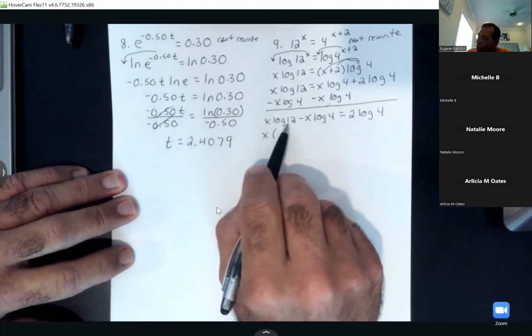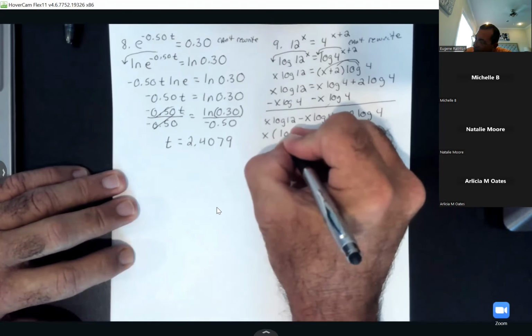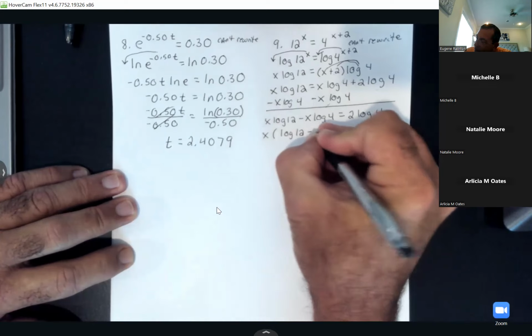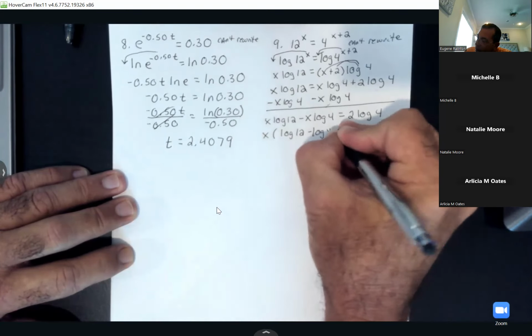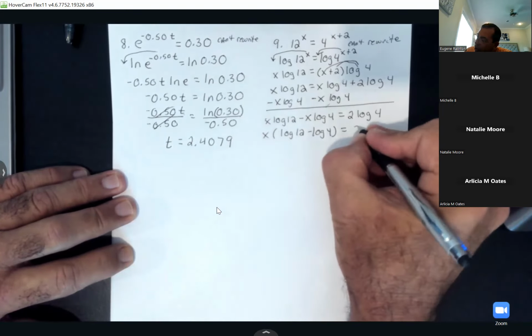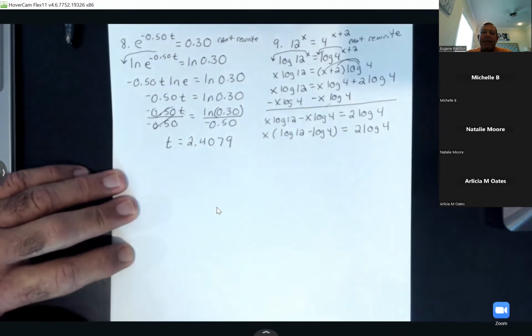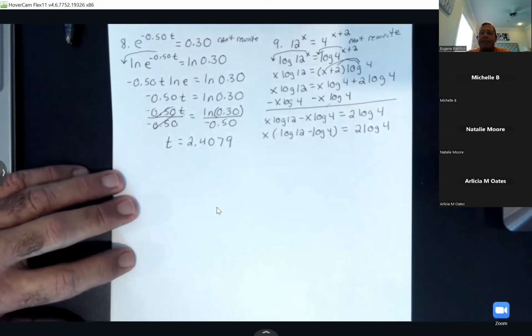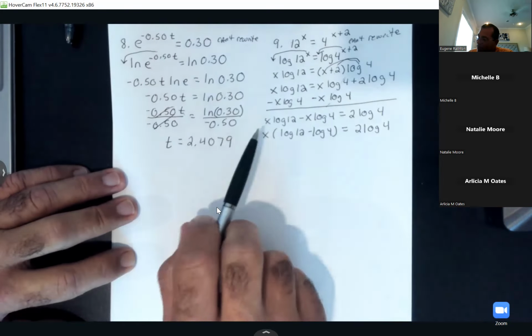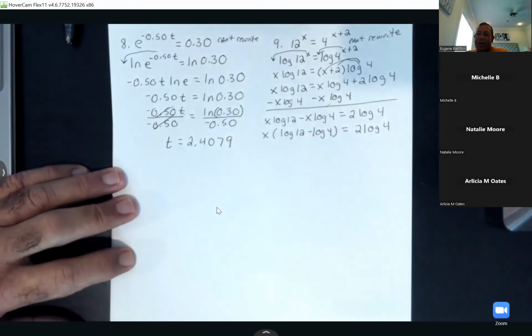And we'll get a log 12 minus log 4. That's going to equal your 2 log 4 on the right side. So y'all, how about my last step on this? Make that x a 1x over here.